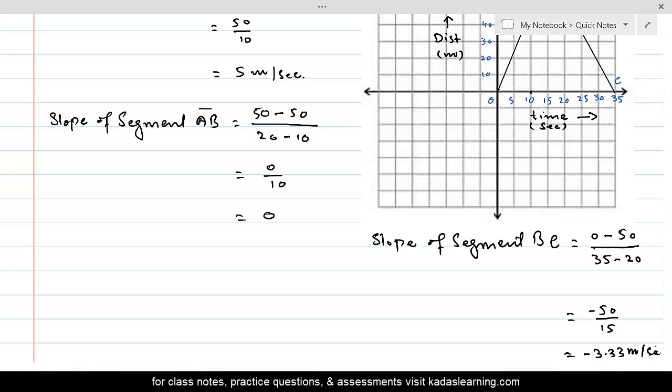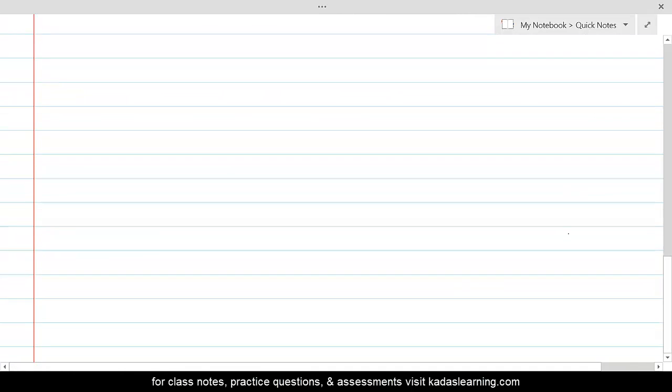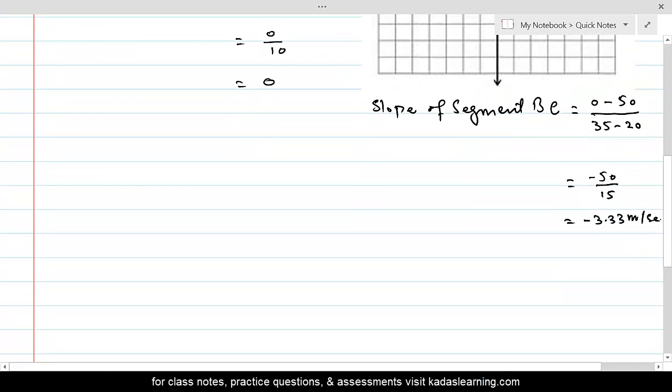Now if we were given a function in the form of a table of values, let's do that.